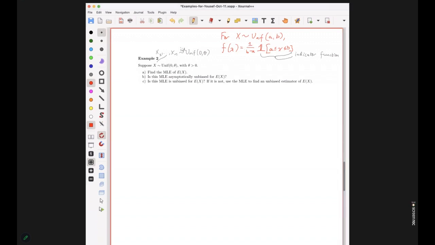And then, no, because it's not literally a 1, it's the indicator function. So the indicator is defined as, I'll just write it in the same form we have here.